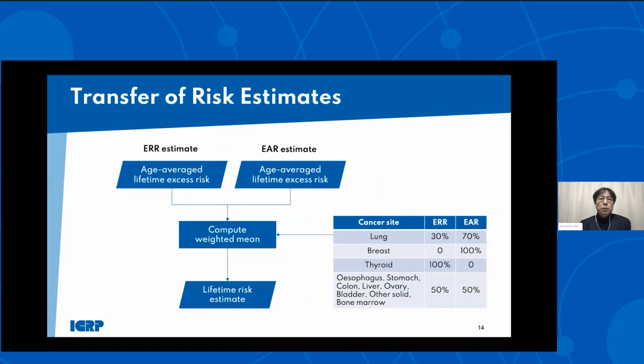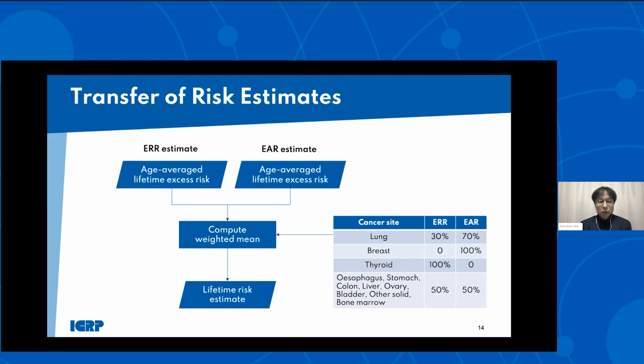And the next step, transfer of risk estimates. Risk estimates based on the ERR model depend on the baseline incidence, while the EAR estimates do not. Which of them should be given priority is an issue of transfer of risk estimates across populations.